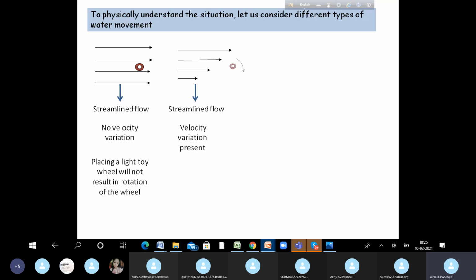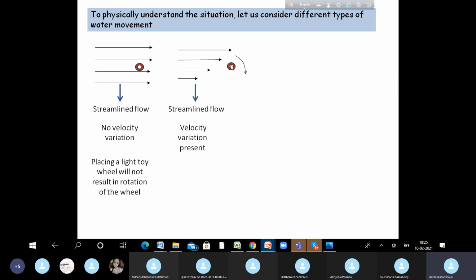So now if you place a small plastic wheel in the face of this flow, what will happen? Evidently, you can see that the force due to this flow of water on the two edges of this wheel are not the same. It is higher on this side and lower on this side.